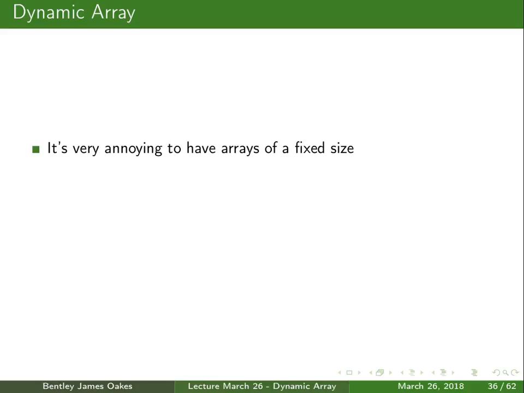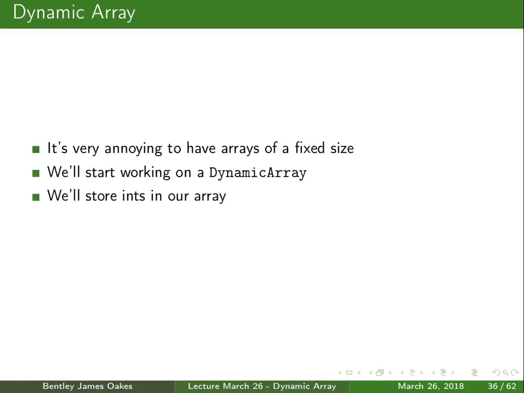We want dynamic arrays because it's very annoying to have these arrays have a fixed size. So let's start working on a dynamic array. And for right now, we'll just have a dynamic array that stores integers. And the important thing is that we'll have an array that automatically resizes as we add elements.